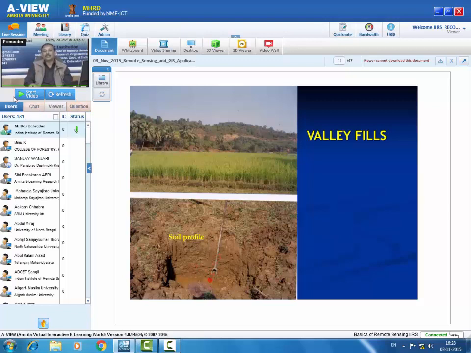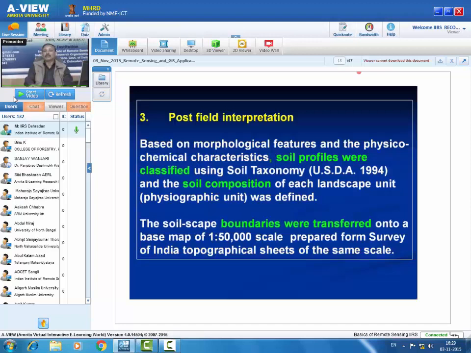This profile is showing that water is there in the soil profile. So in the valley fields, the depth is very high, but water is appearing, drainage is poor. But in the hills, you can see there is no waterlogging condition, so drainage is not poor. Like that we characterize the soils and we prepare the soil map.